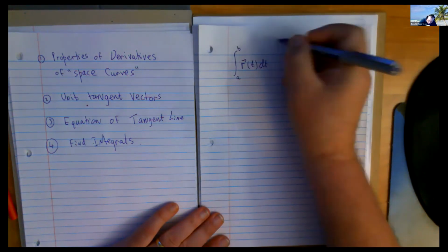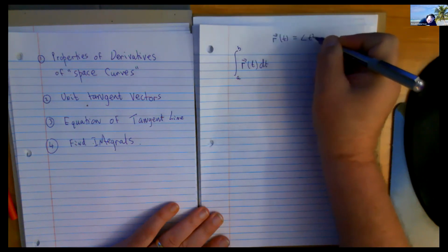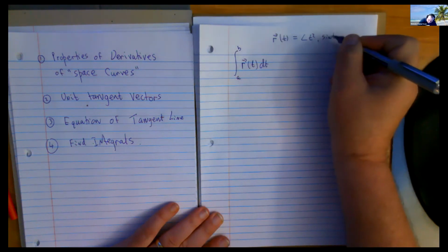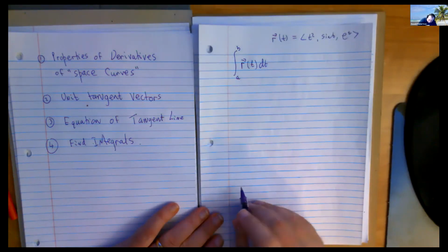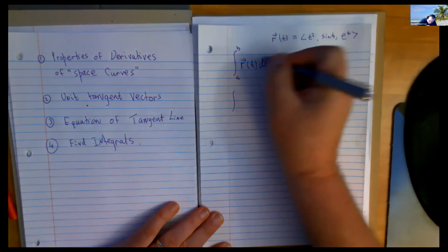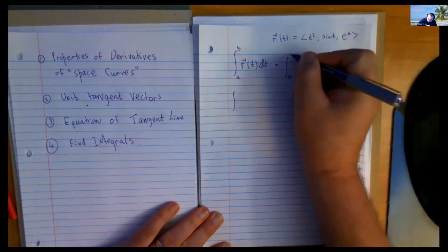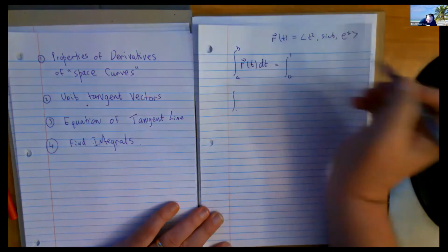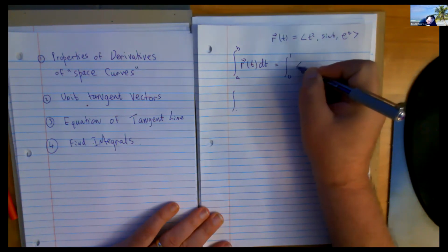So if the space curve, for instance, was t squared, sine t, e to the t, and you want to do it from 0 to 1, it's quite a nice number, from 0 to 1 of this particular fella.